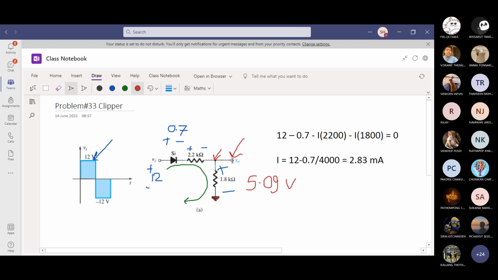Or you see what is the node of V out? This and this, they are the same node. This node represents the voltage drop from the beginning all the way to the end. If you do 12 minus 0.7 minus I times 2200, what do you get? 5.07, slightly different, because I didn't take so many digits.